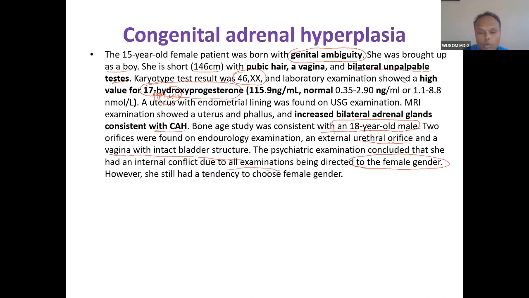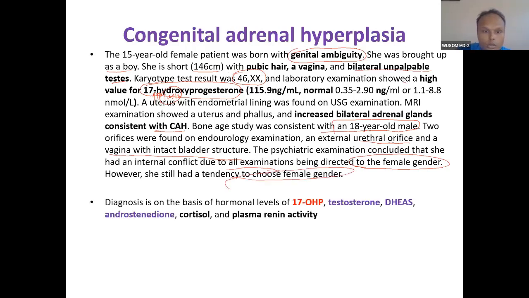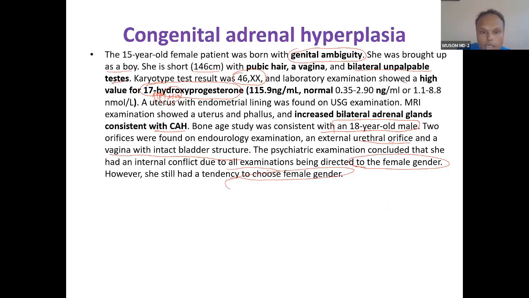So she has more predisposition to prefer female gender. She still has a tendency to choose female gender. Okay, so as the chromosome said, the diagnosis is based on this. What is the case? What might be the diagnosis?